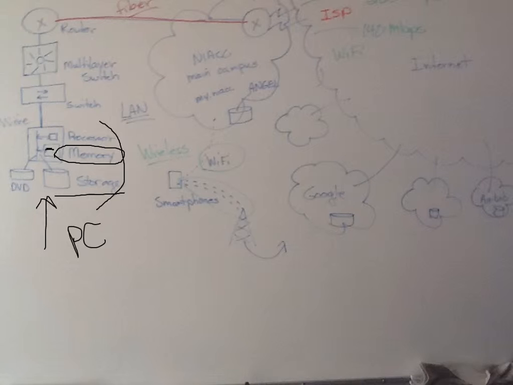Things have to be in memory in order to be processed, and then we have a processor, what actually does the work on it. And that's true of all devices like smartphones and so forth. Now, a smartphone basically has a processor in there, and then there's flash memory that works as both the memory and the storage.